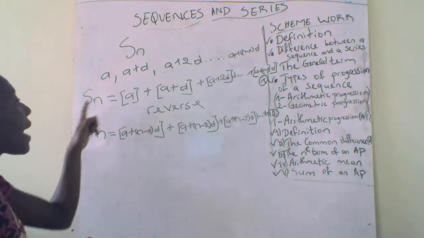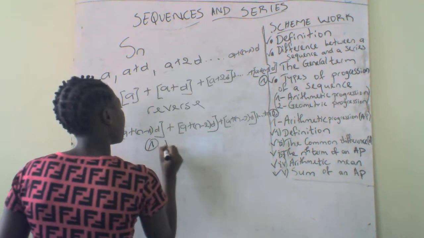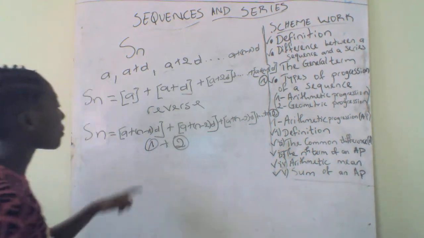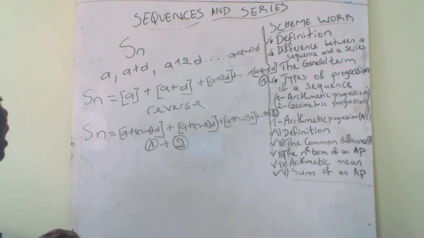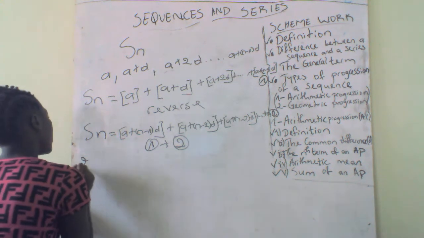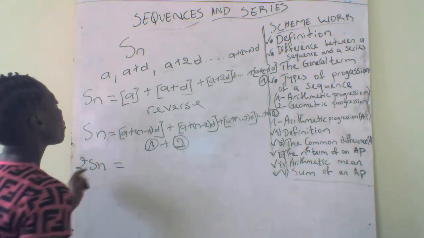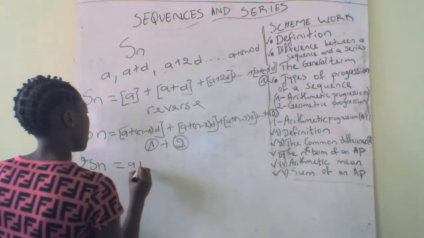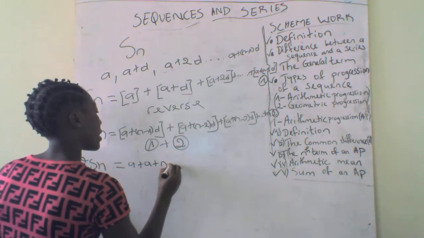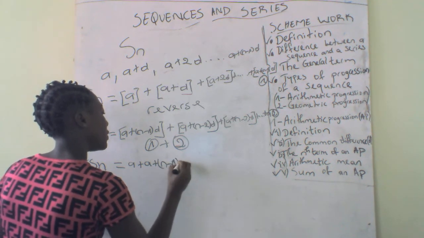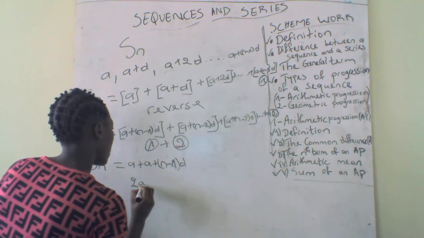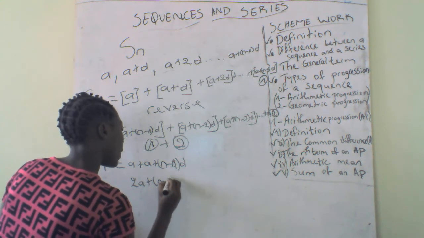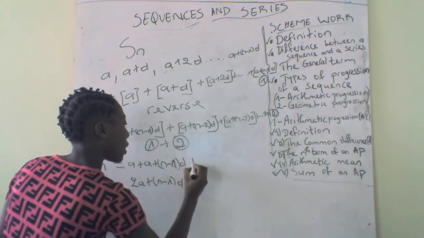So now if I add the two equations, that is equation 1 plus equation 2, I will have Sn plus Sn, which is 2Sn, equals A plus A plus (n minus 1)D, which will give me 2A plus (n minus 1)D.